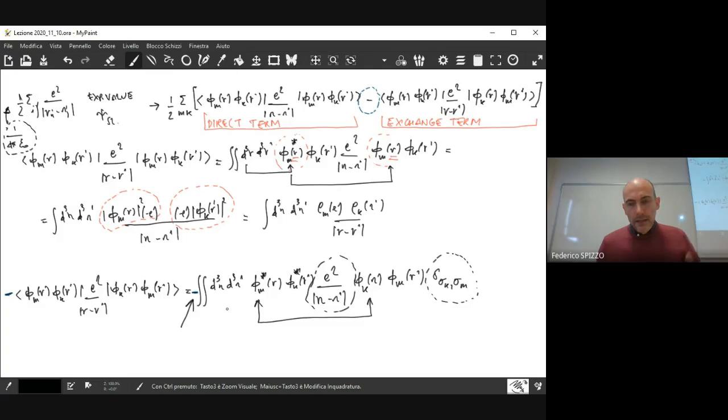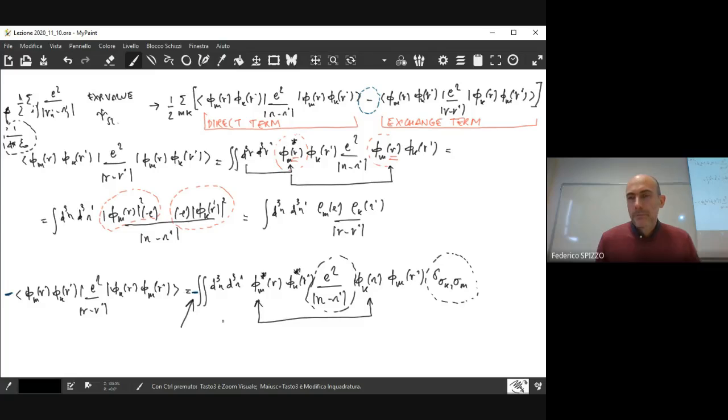I will comment better on this later, but this term here is at the basis of the appearance of a class of materials that are magnetic materials, because this term gives you a possible solution for the reduction of the energy of the system.